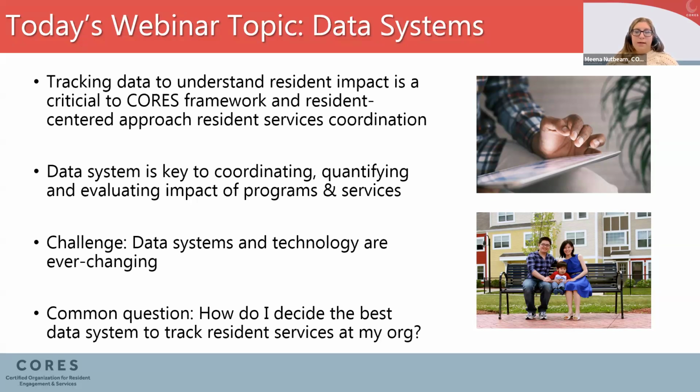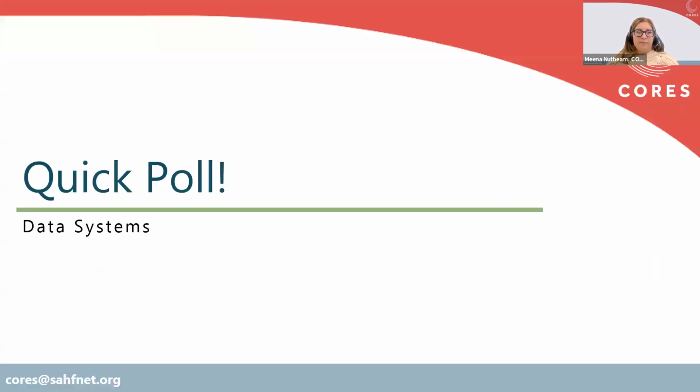Before we get started, we wanted to hear from you about what data systems you are currently using. So in a moment here, we're going to open a poll. What we want to ask is what resident services tracking data systems you are currently using. And here's a list of them here. So go ahead and take a moment to respond to this poll.